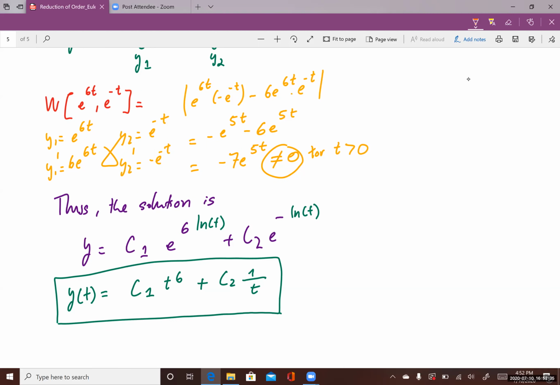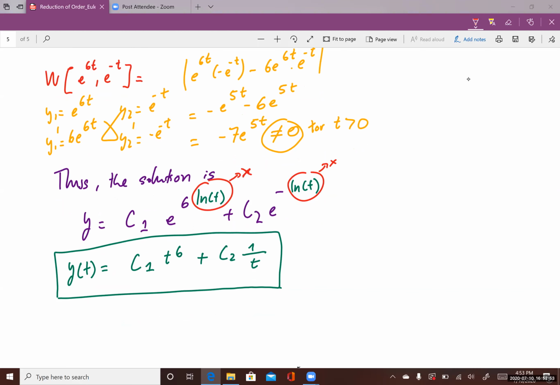And then the last step is that we replace x by ln t. Earlier we found 6x, and we set x equal to ln t, so we replace x by ln t to come up with our final solutions. You can simplify this to e to the ln t to the 6, so t to the 6, and e to the ln t to the -1, 1 over t. That should be your general solution.